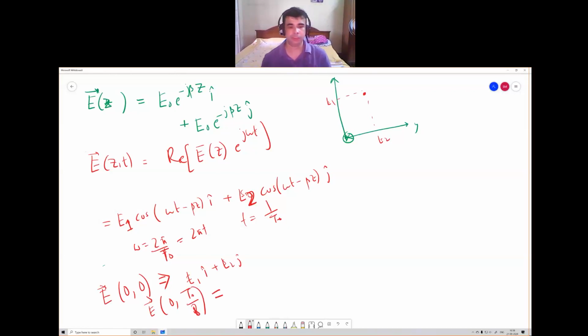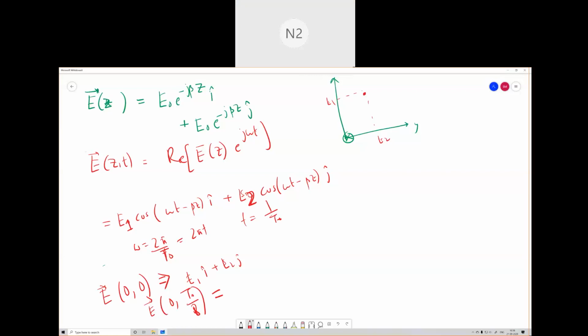Same thing, at t equal to T naught by 8. So E1 by root 2 i plus E2 by root 2 j.